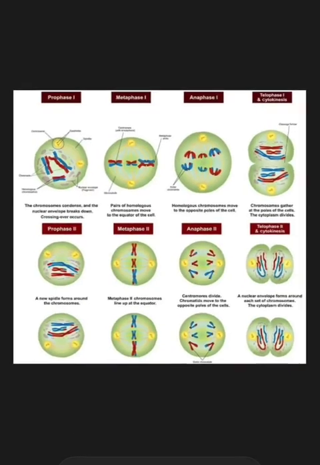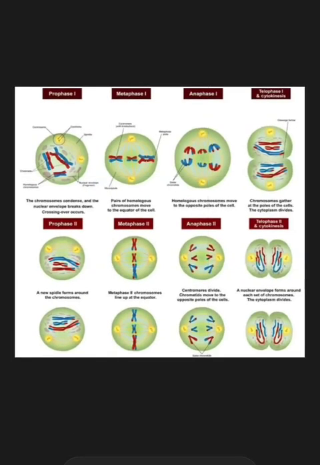So let me write here. These total 4 phases consist of meiosis 1, and these next 4 phases consist of meiosis 2. So meiosis 1 and meiosis 2 each consist of 4 separate phases.